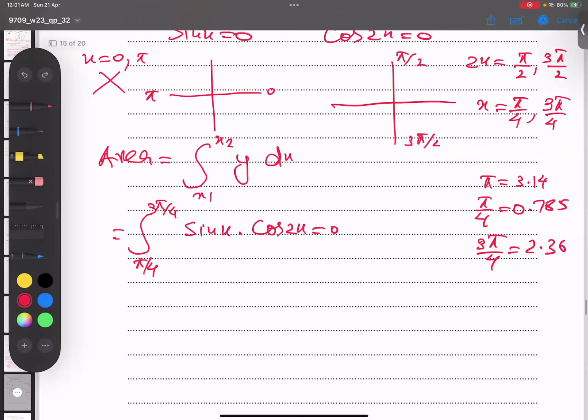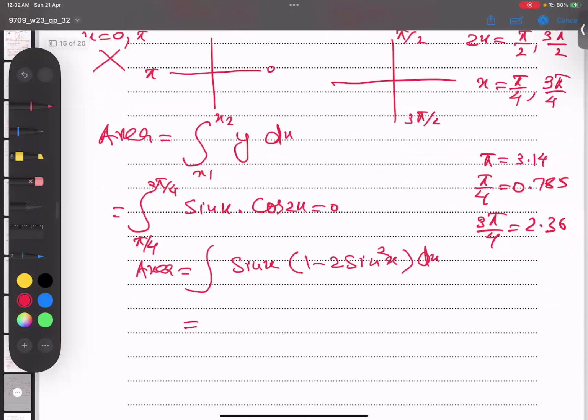So I'm writing here area, sine alone, and 1 minus 2 sine square x, dx. And sine multiplied, sine into sine, okay.